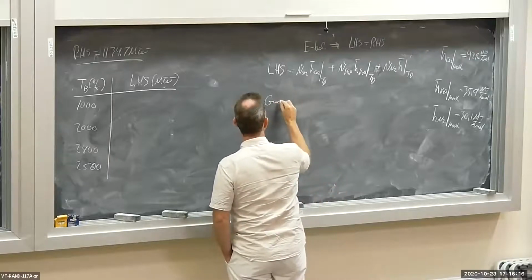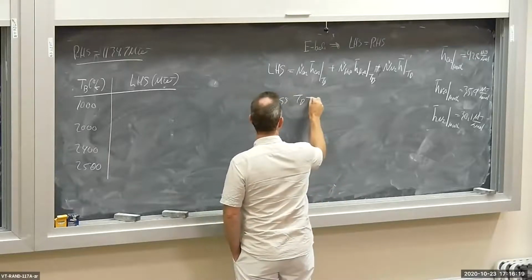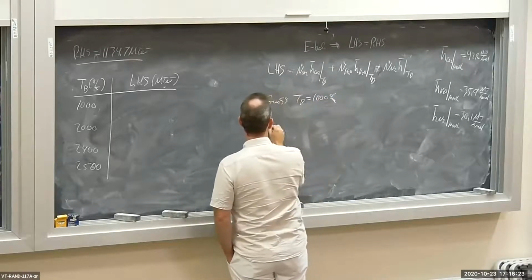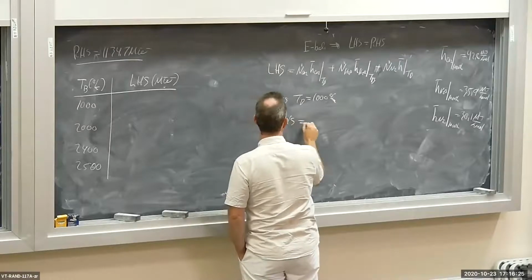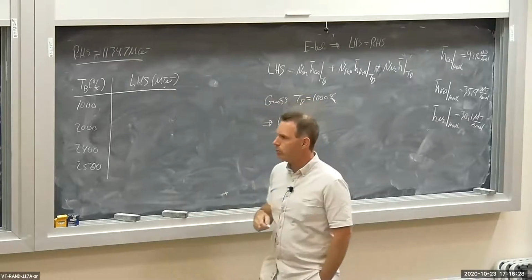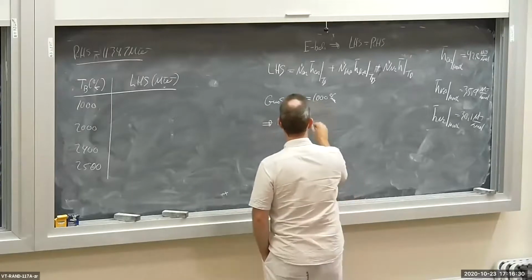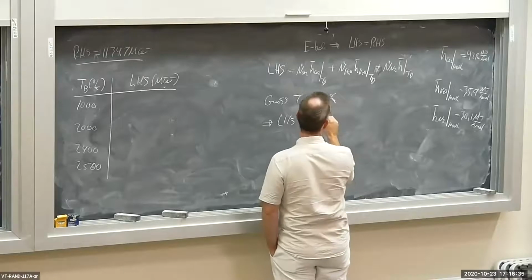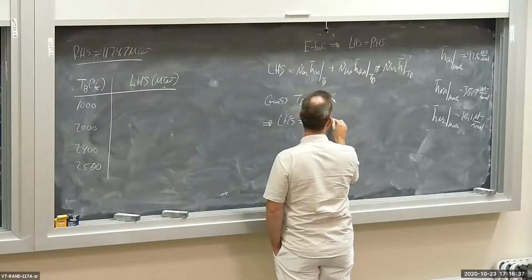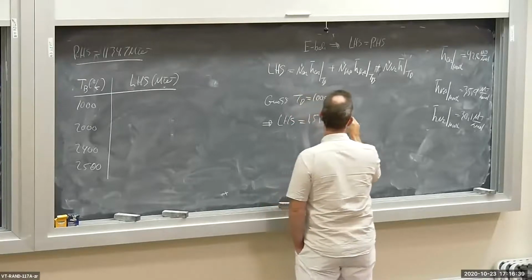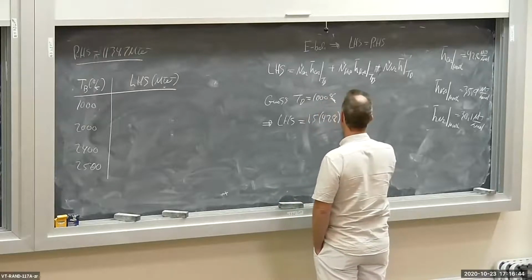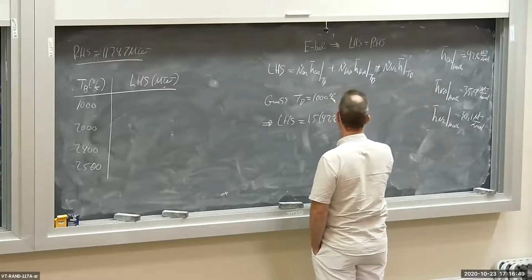Guess TB equals 1,000 degrees. So for the left-hand side, n dot CO2 is 1.5 kilomoles per second, and the H bar for the CO2 is 42.8. All these have units of megajoules per kilomole times kilomole per second, so megawatts.